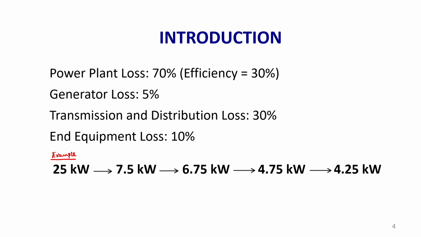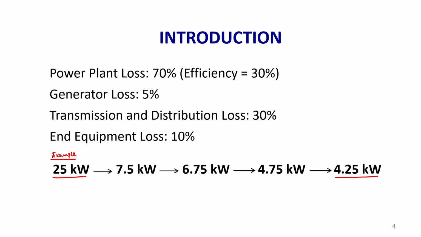So, this is the potential of the fuel to generate power, but the actual power by the time it reaches the end user, this value is not at the power plant.